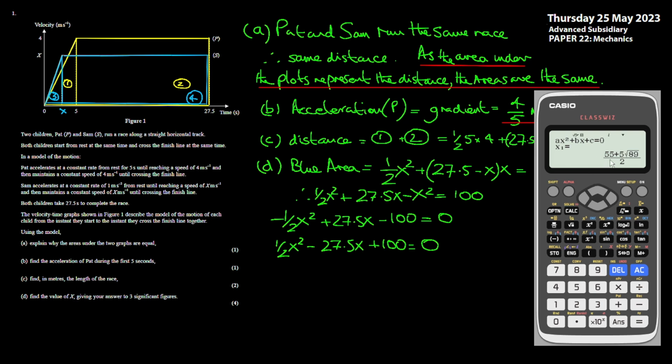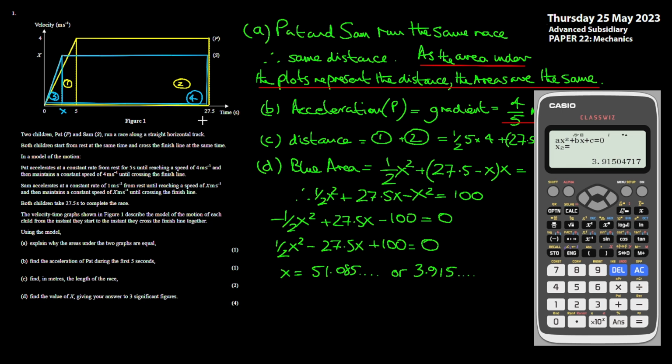And I've got an answer of 55 plus 5 root 89 divided by 2. So x is equal to 51.085, and on it goes, or 3.915, and on that goes.